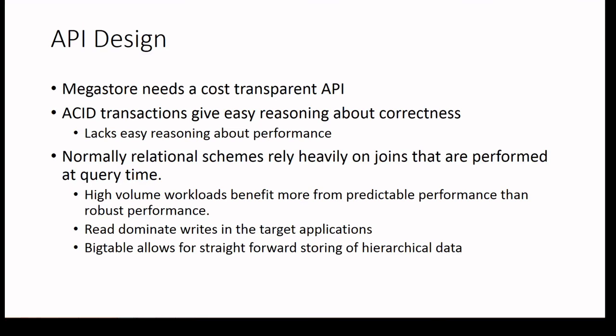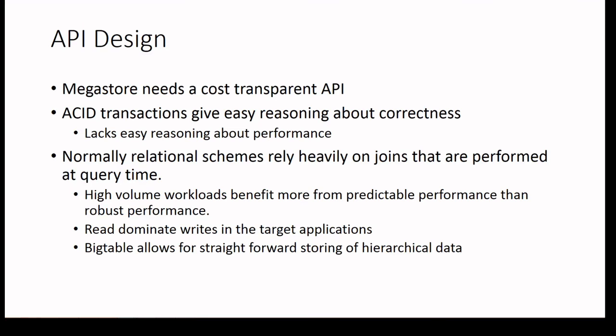You might have some very short and simple looking queries that are actually really, really expensive, and other very long and complex queries that are actually really, really cheap. So in that regard, most SQL queries are not cost transparent. Their correctness is transparent. Megastore wanted something that was cost transparent. If it looks quick, it should be quick.